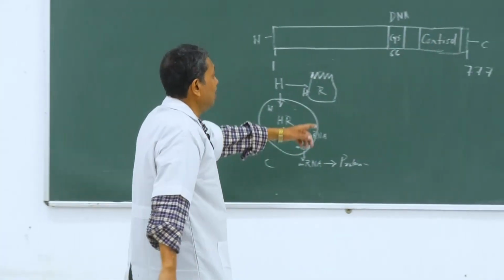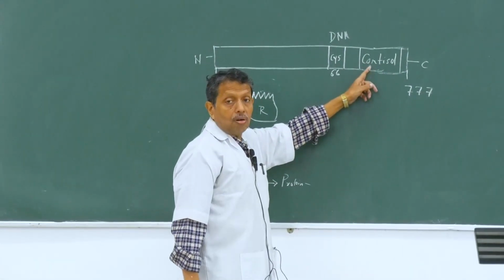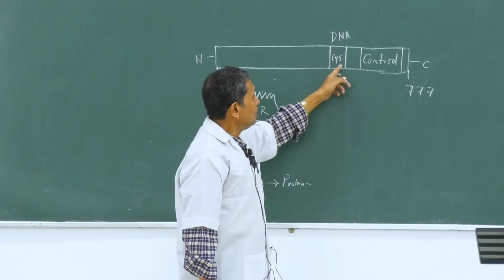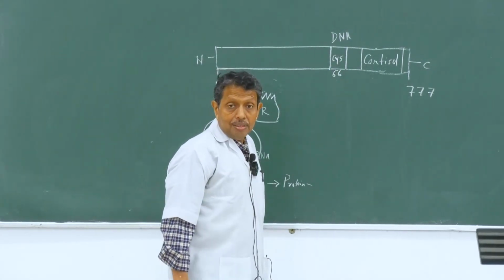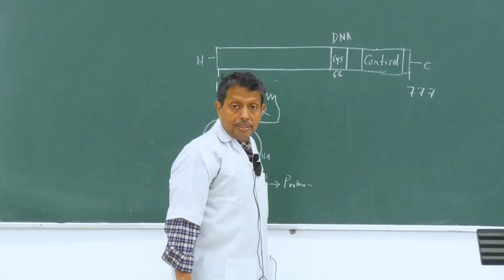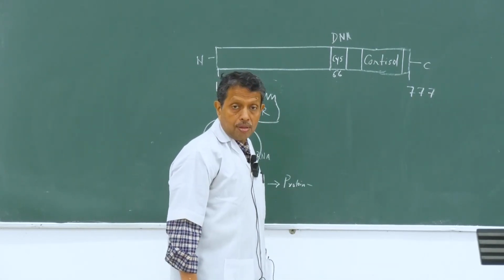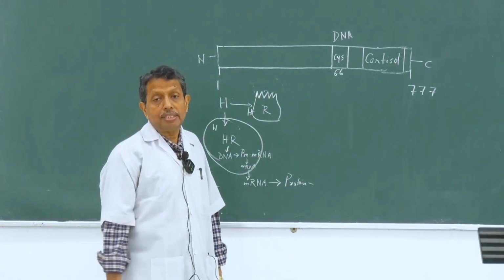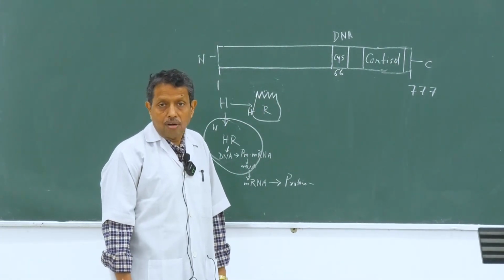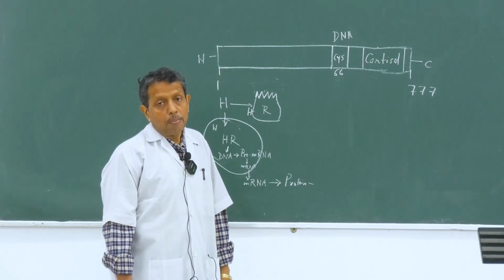At the C terminal end, there is the ligand binding region, and proximal to this is the cysteine rich region that can bind with the appropriate region, and it is specific for the particular gene. All the genes are not activated by all the ligands.